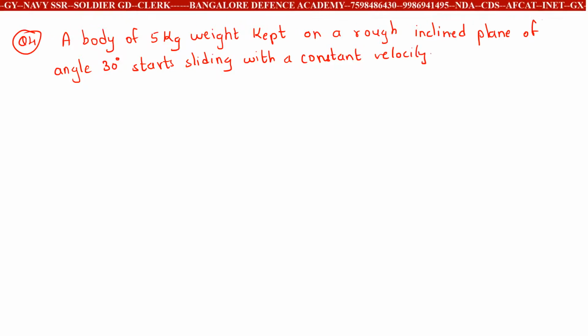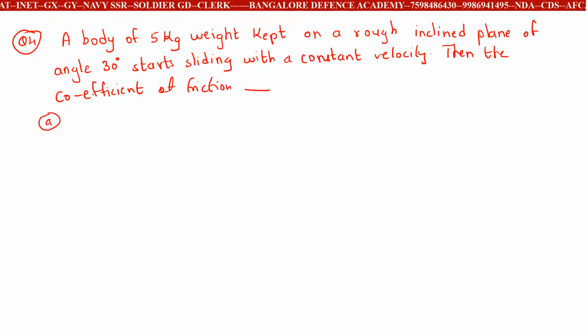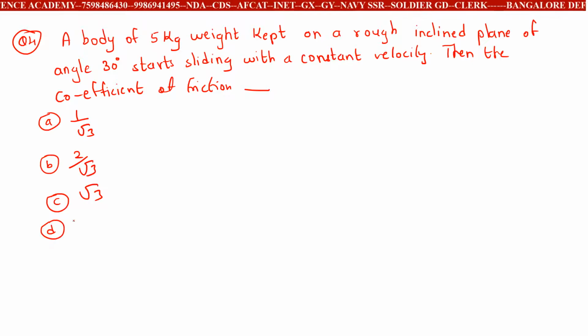Then the coefficient of friction is dash. You have to find out mu value. Options are: A is 1 by root 3, option B 2 by root 3, option C root 3, and option D is 2 root 3.